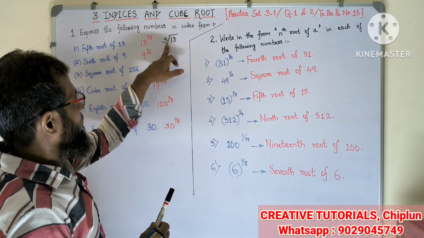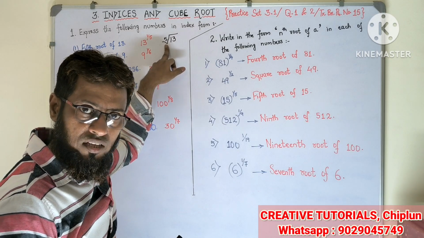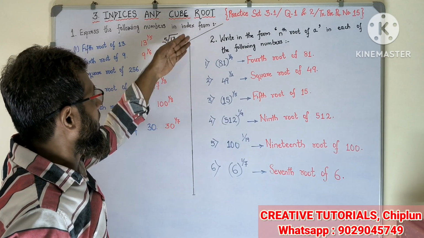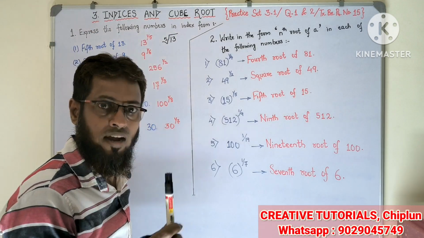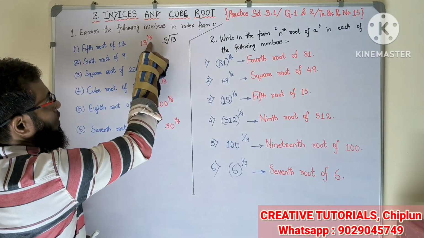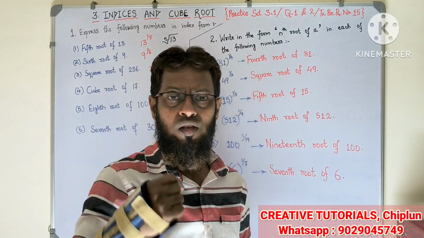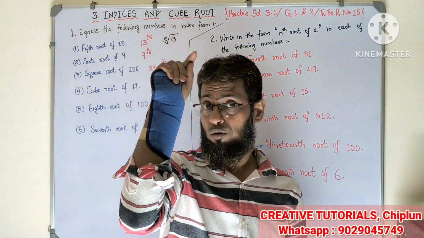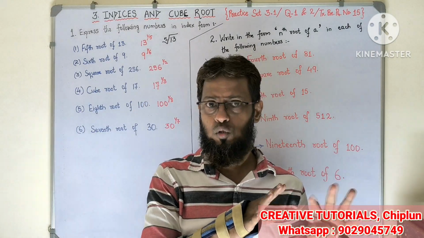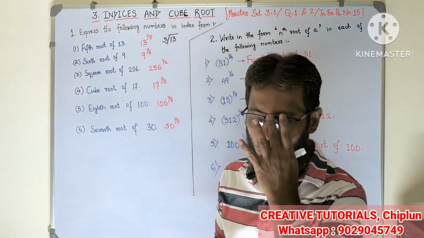We have the fifth root over here, so in the pocket we have the number 5. When it comes out of the radical sign, it becomes the reciprocal, 1/5. So the answer becomes 13 raised to 1/5. This 1/5 comes from the fifth root. I hope it's understood to all of you.